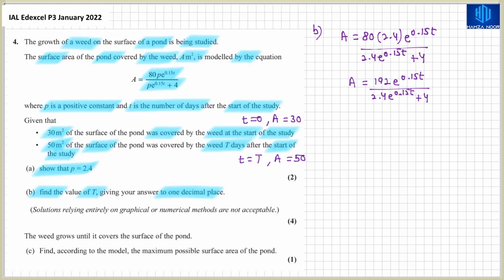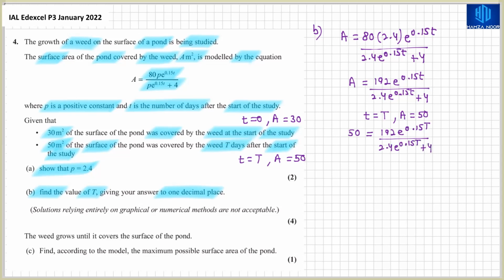According to condition 2, when time is capital T, area is 50 meters square. So 50 = 192 e^(0.15T) divided by 2.4 e^(0.15T) plus 4.